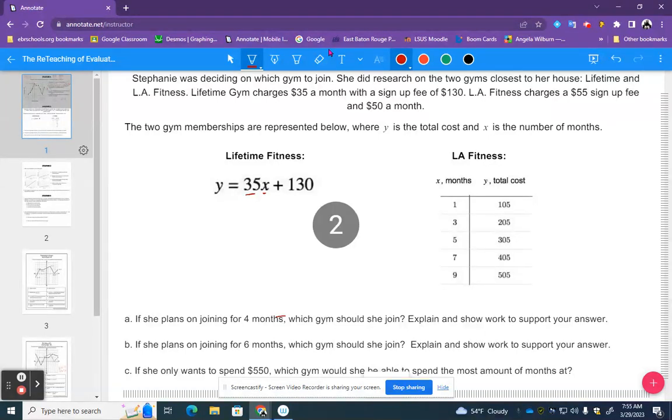So they say evaluate it at how many months? Oh, we're gonna look down here. 4 months. So that means I'm gonna need to plug in a 4 here, right?